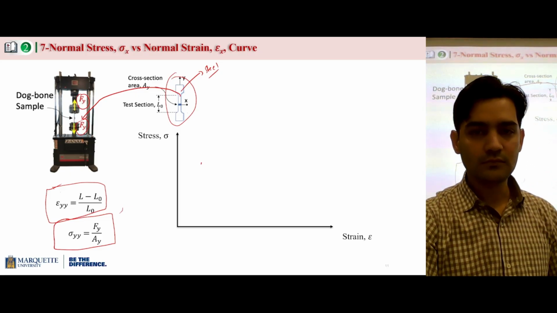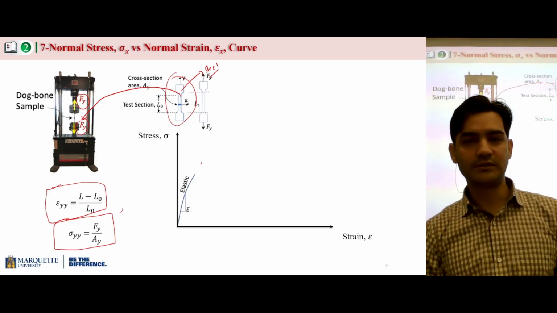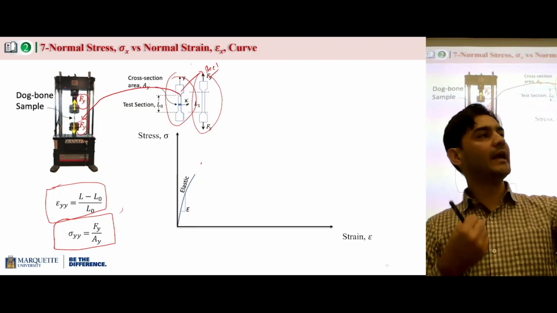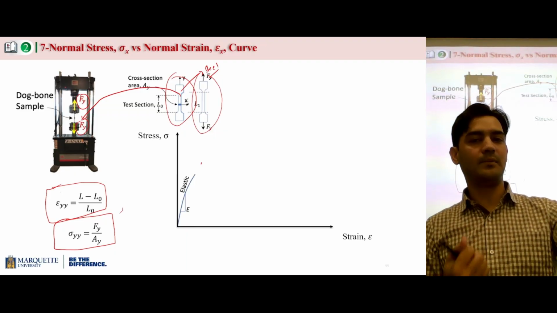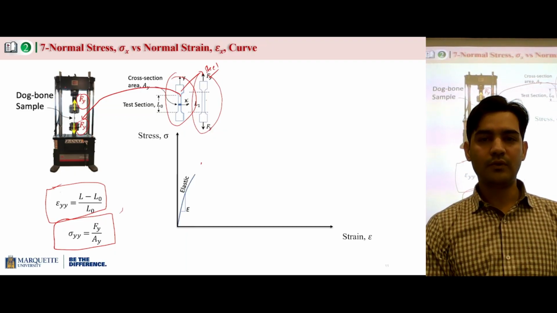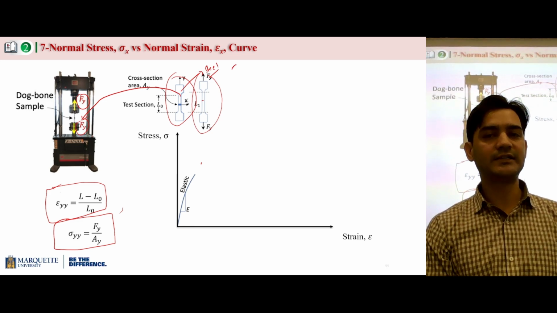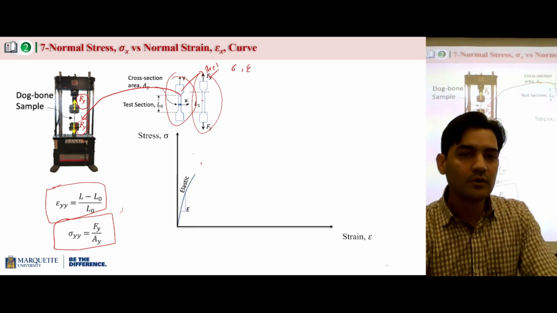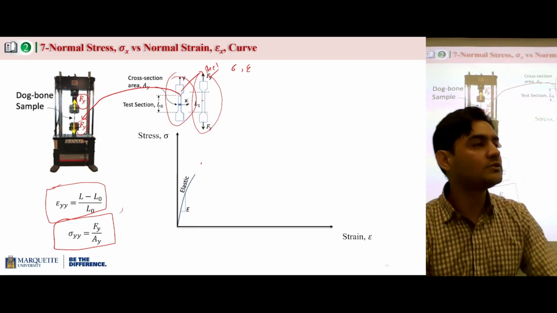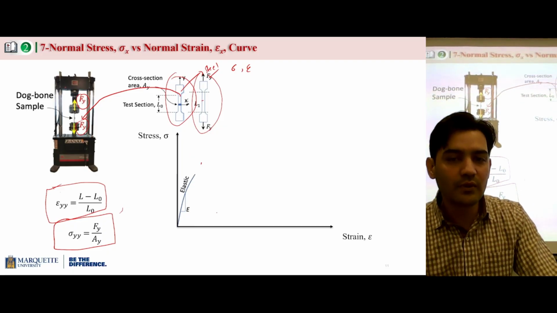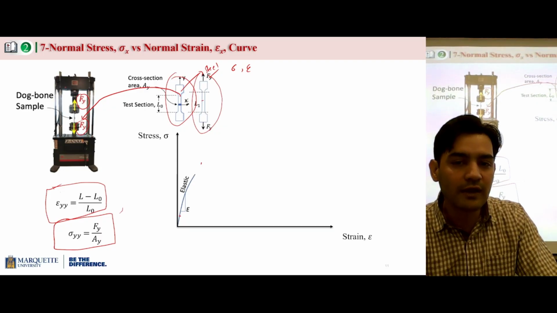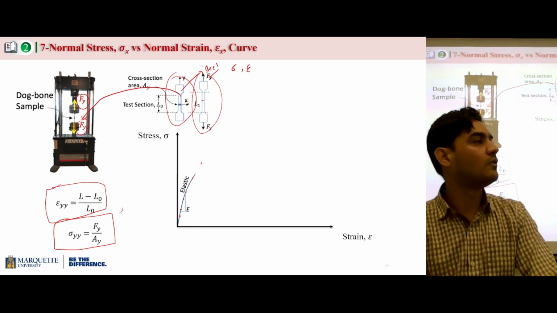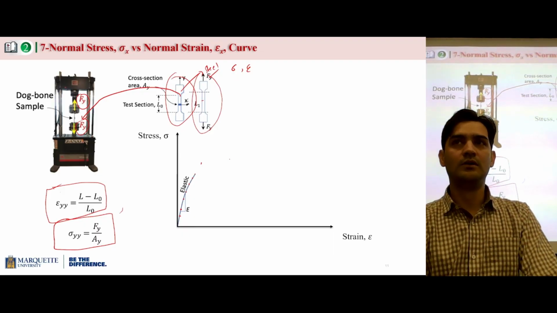When it increases the force, you're going to see elongation in this dog bone sample. And we can also calculate the stresses and the strains. The force will keep on increasing and we will keep on noting down the values of stress and strain, and we'll keep on plotting this on this stress strain curve.